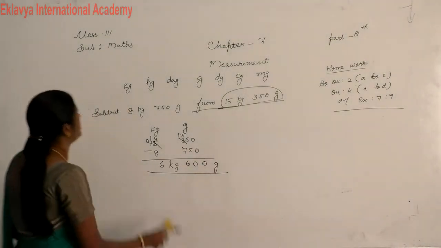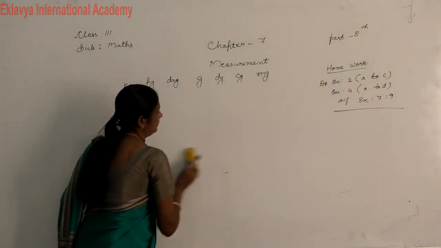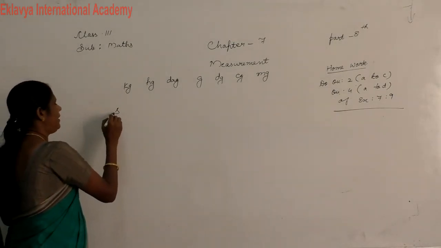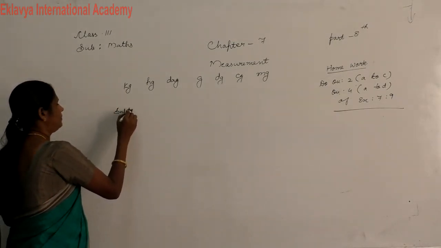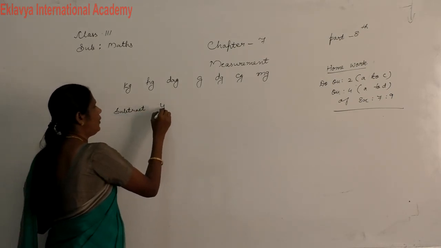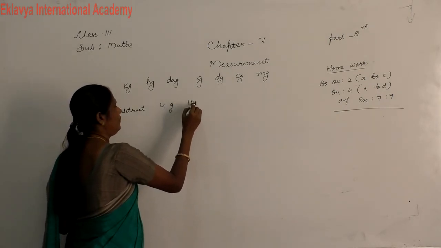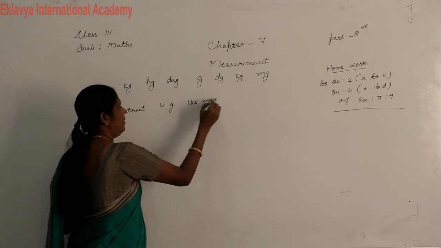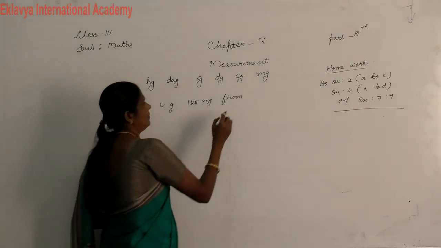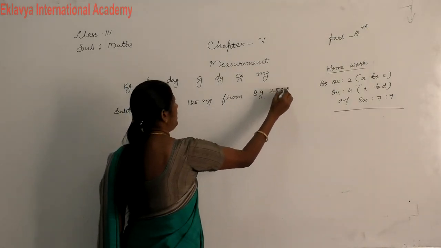Now another question. Subtract 4 gram 125 mg from 8 gram 250 mg.